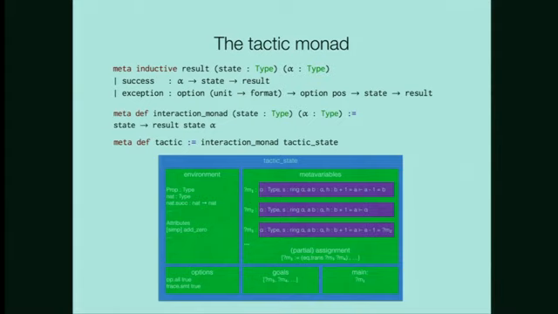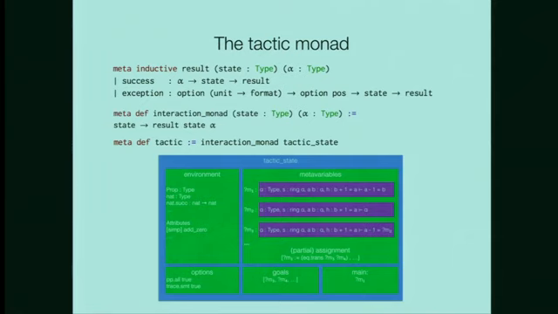Inside of a static state, we have the environments where you have all your definitions, your inductive data types, declarations, and so on. You have your configuration options. You have meta variables explaining what the holes are, what is missing, what still needs to be synthesized.